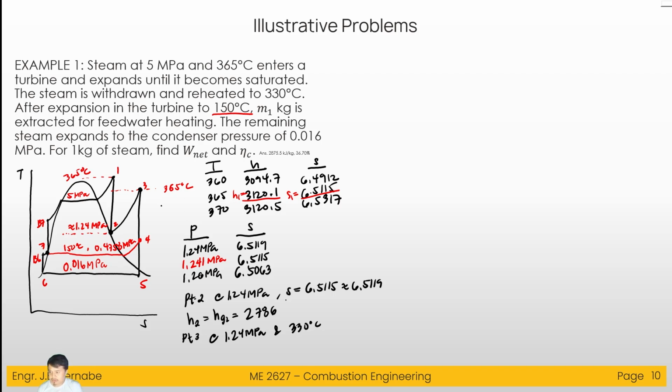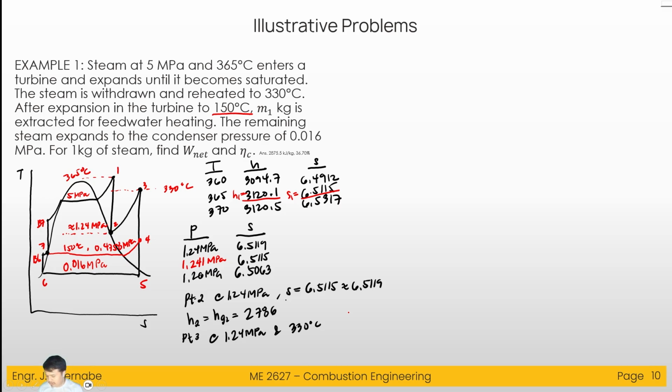I wrote 365 here, but it should be 330, my bad. Then we can use Table 3 to get the H and the S, which will be important for points 4 and 5.